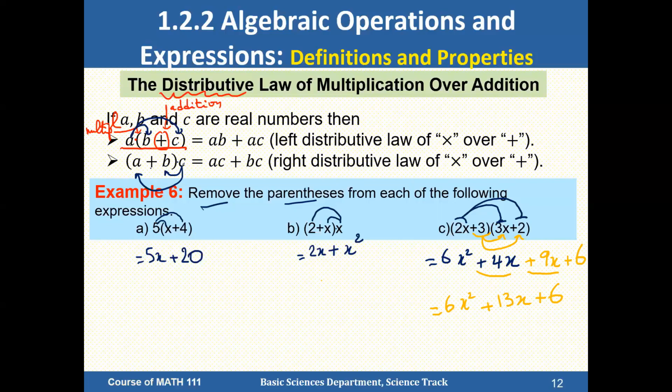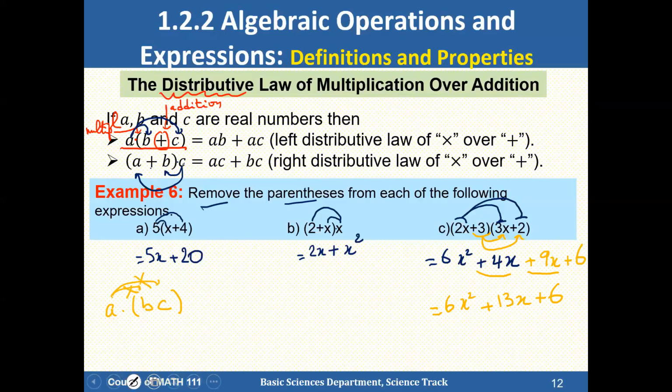But be careful, we distribute only the multiplication over the addition. إذا عندي A times B times C, here we have only multiplication, so we don't distribute.